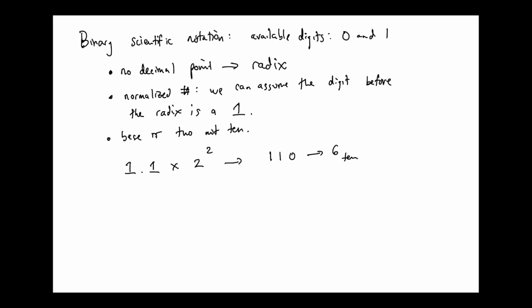So, point being, moving the decimal point in base 10 is multiplying or dividing by 10, depending on which direction you go. Accordingly, if we do this in binary, moving the radix is tantamount to multiplying or dividing by 2, because that's the base.